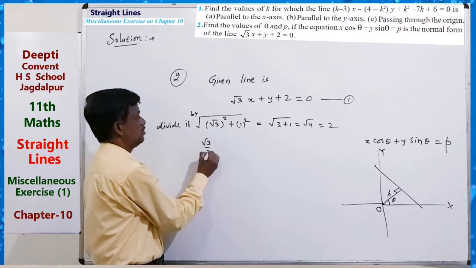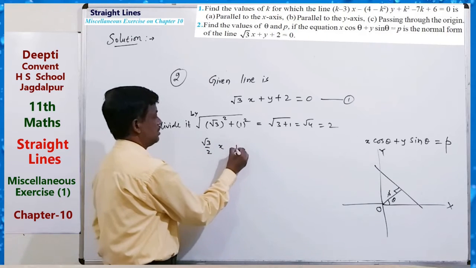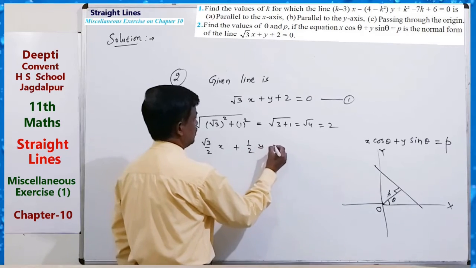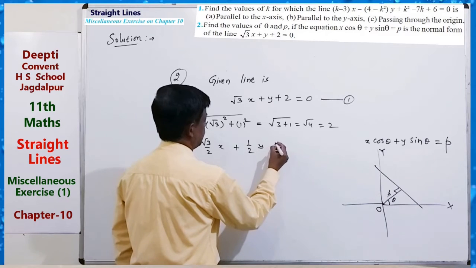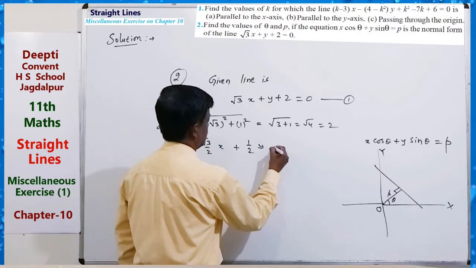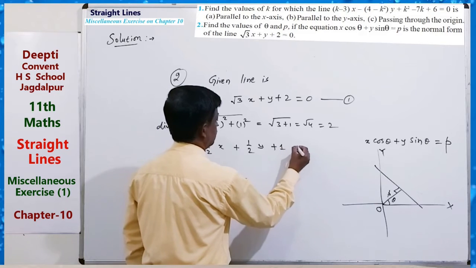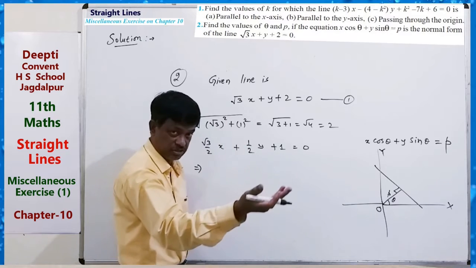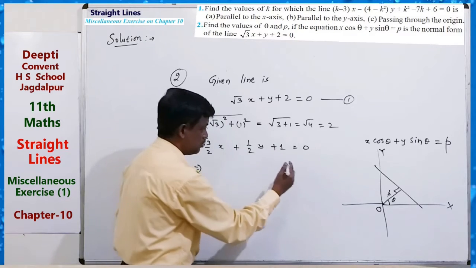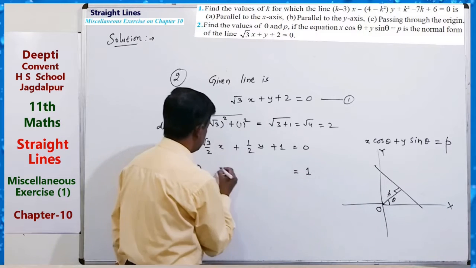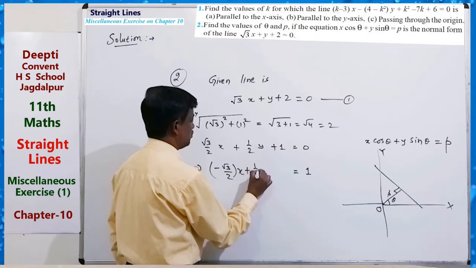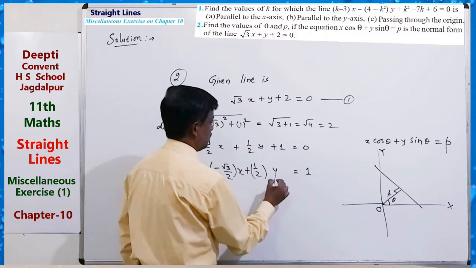So root 3 by 2 x plus 1 by 2 y plus 1 equals to 0. Just we have to write it with the right hand side positive. So if the right hand side is 1, then here we will write it like this: minus root 3 by 2 into x minus 1 by 2 into y is equals to 1.